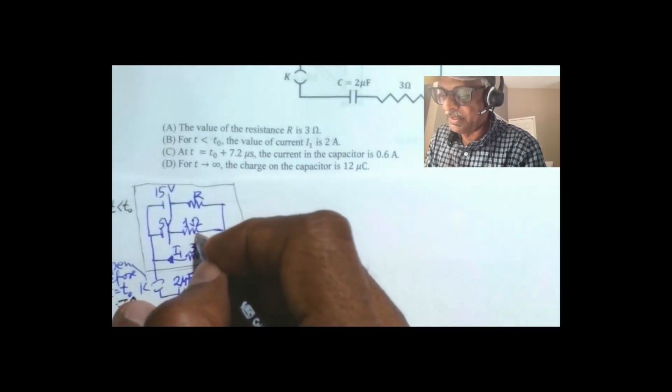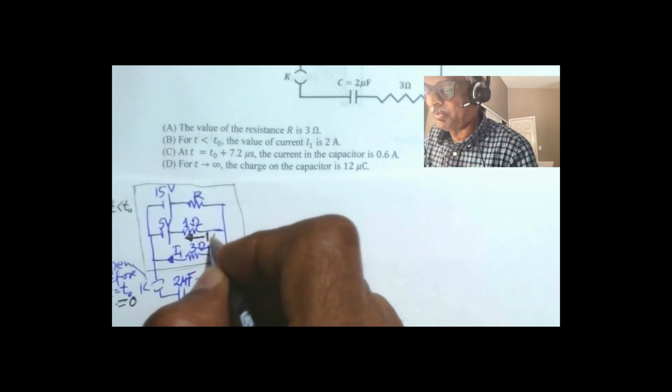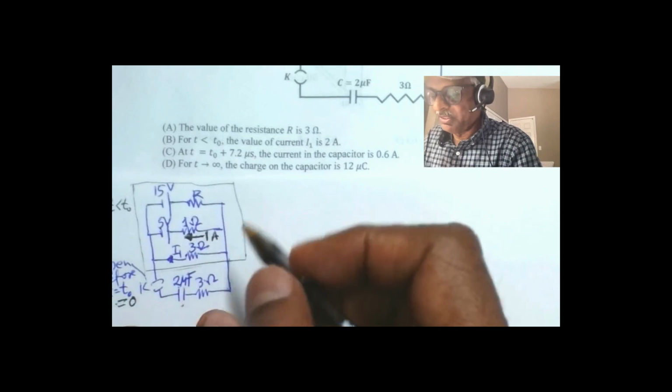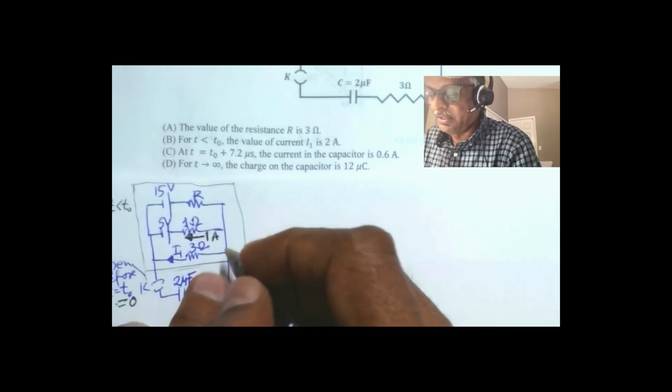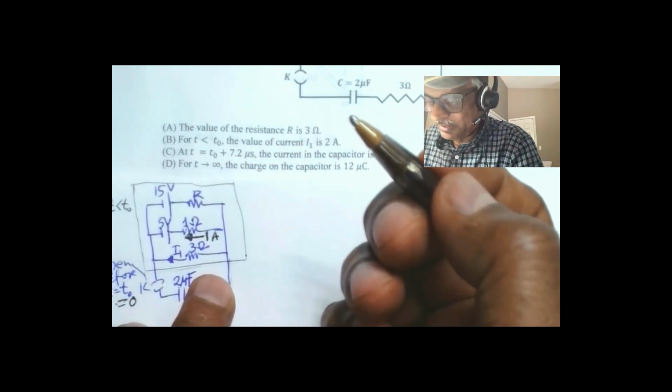And it says the current here, let's see, current here is this way. I'm going to assume that this is 1 amp that way. That's the ambiguity in the problem I earlier talked about.